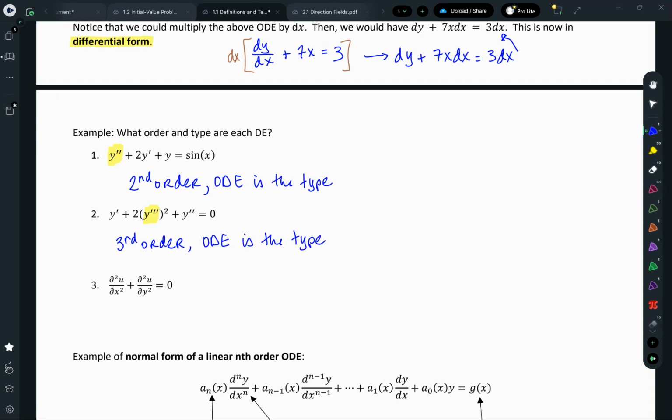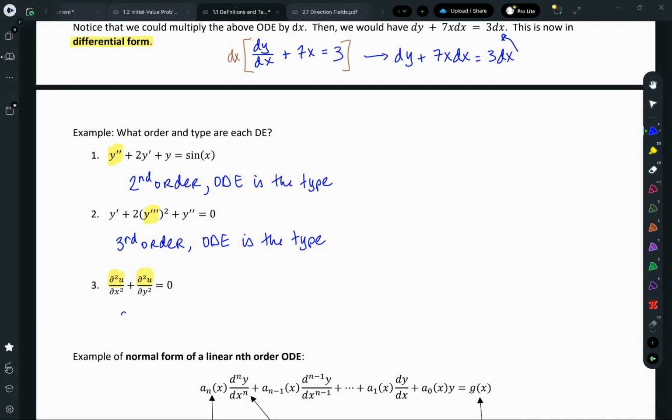On the flip side, in number 3, we've done things differently. Here I see that partial notation, that del thing showing up. So I'm looking at the order of my partial derivatives first. I see a ∂²u and a ∂²u. So right away, I can see I only have one dependent variable, but it's second order.